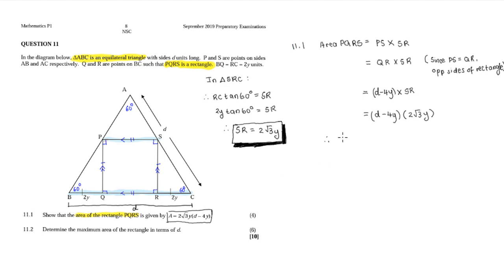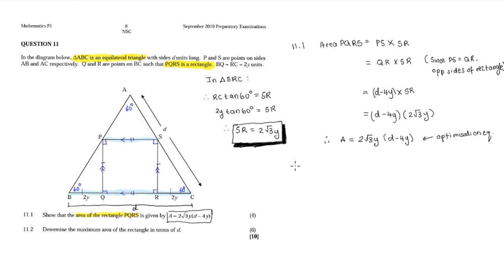So it's A equals 2 root 3y times D minus 4y. Since in the next question they want us to find the maximum area of this rectangle, this becomes our optimization equation.